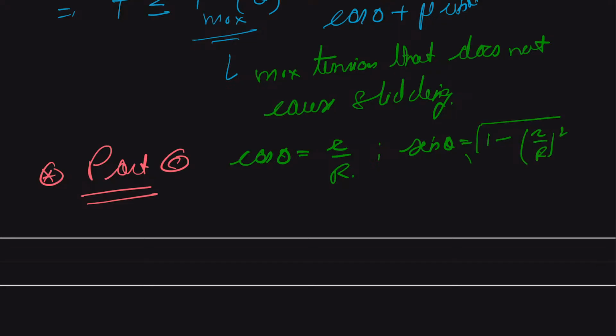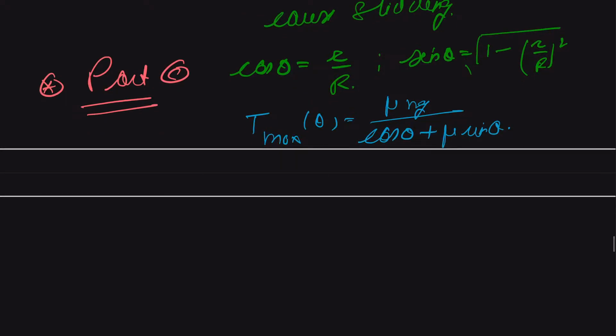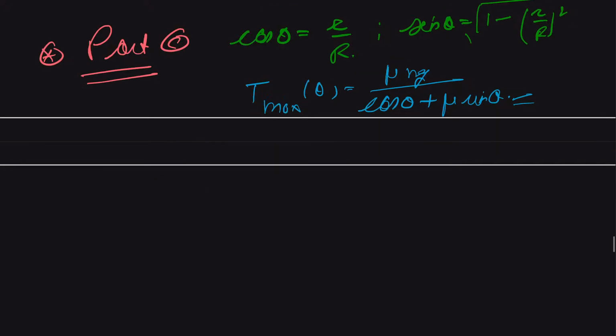We also know that T max of θ is equal to μ mg over (cos θ plus μ sin θ). But we want this T max to be as small as possible. So that is θ dependent. It means if we are able to maximize the denominator, T max θ will automatically be our minimum.